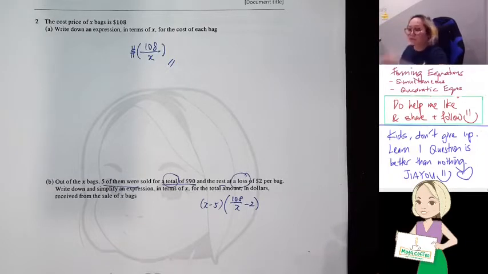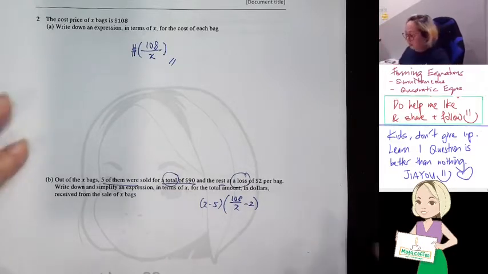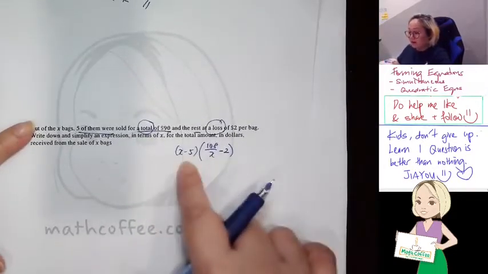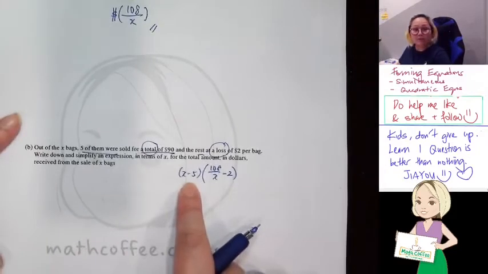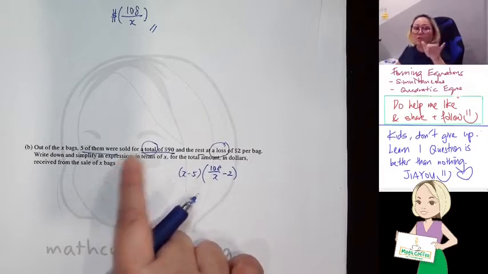I emphasize why? Because these are things that you will use in real life. Cost price, selling price, loss, profit, all these things. So this is the amount that I receive from the x minus 5 bags. But don't forget, you have 5 bags, you did sell them, and you sold them for a total of $90.